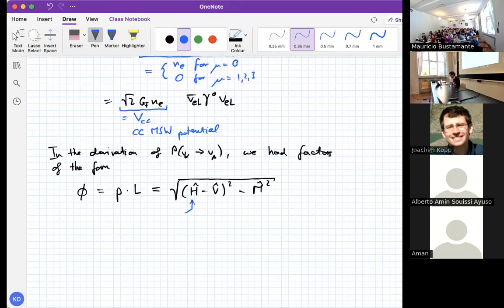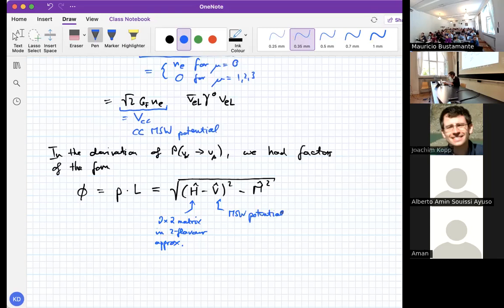So remember the Hamiltonian, in the two flavor approximation, is a 2 by 2 matrix. The potential here is also a 2 by 2 matrix, and that's the MSW potential.